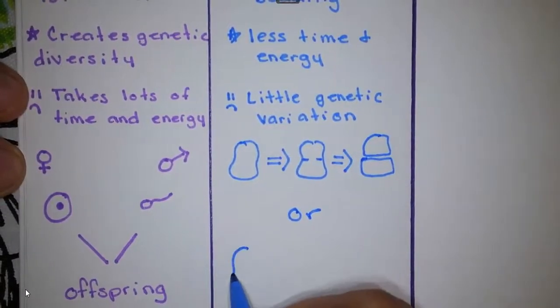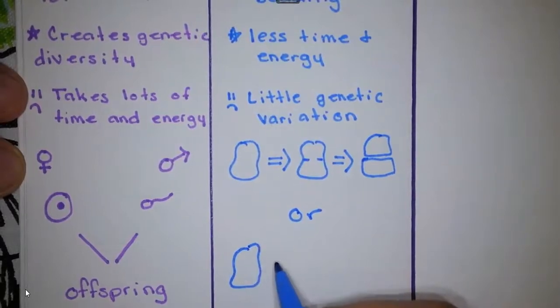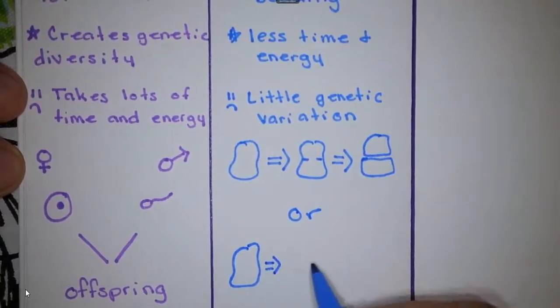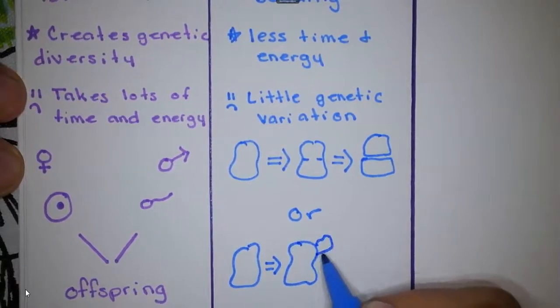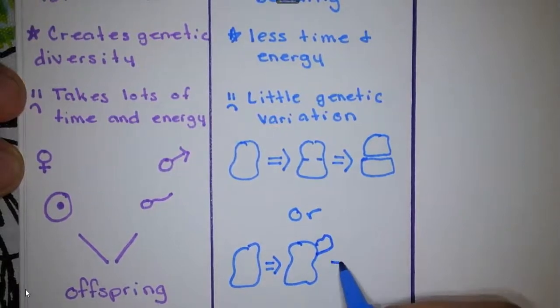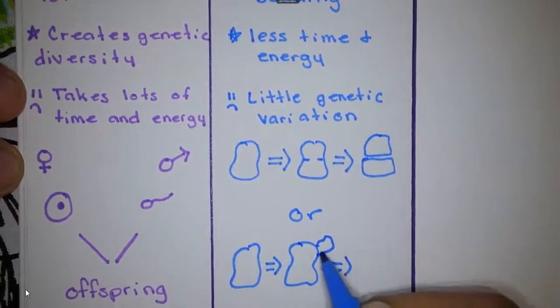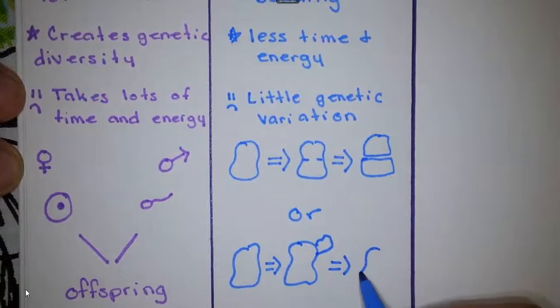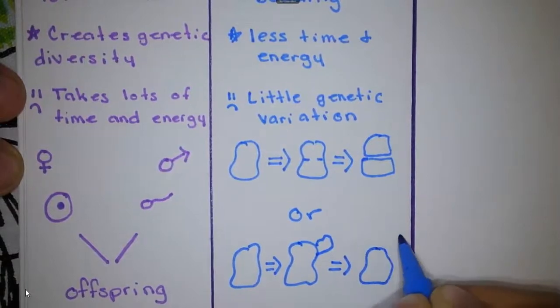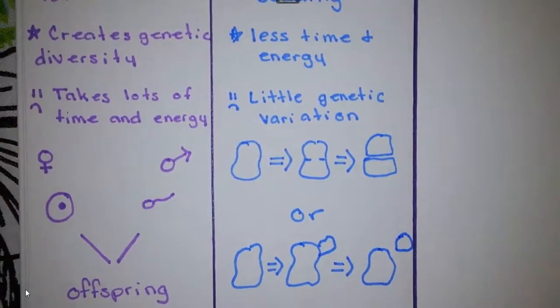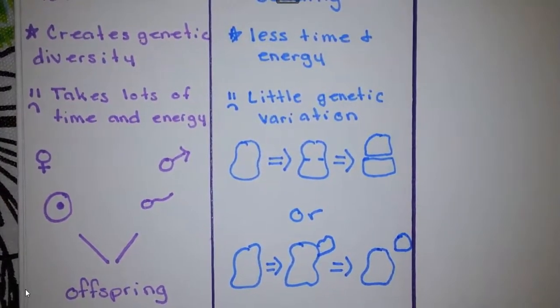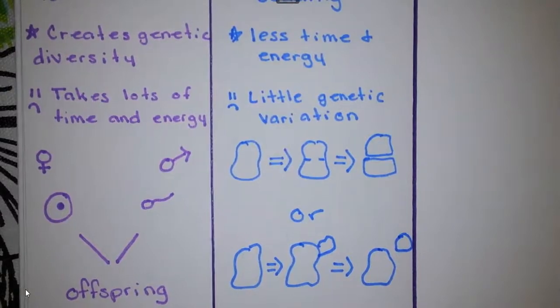So you're going to have your parent cell grow something on the side, and then eventually that one's going to fall off, and then you're going to have two organisms. Okay, so that's sexual versus asexual reproduction.